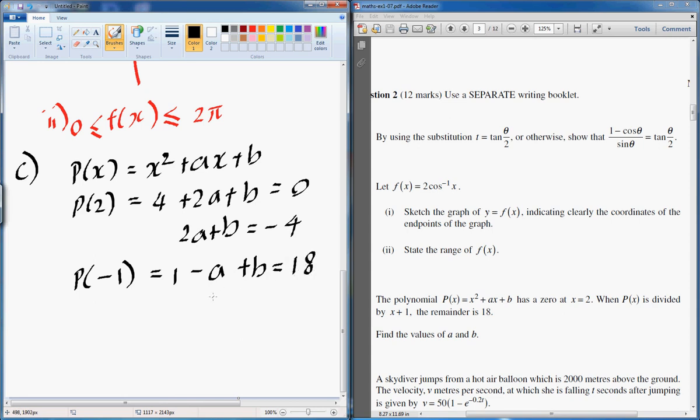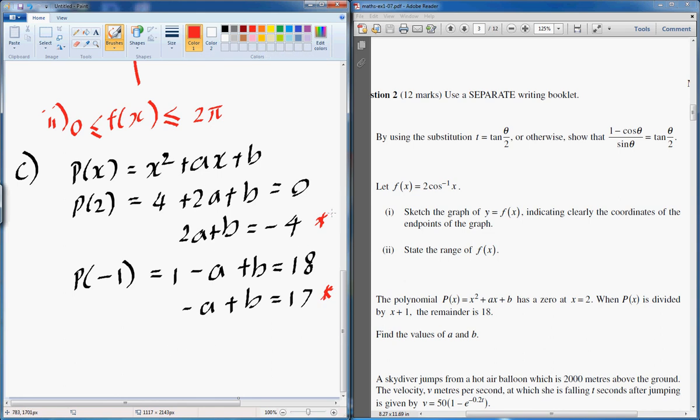Okay, so this is fairly standard stuff to do. You should know this by now. So moving things around, it should be minus a plus b is equal to 17. Now you have two equations. That equation there, that equation there. To solve it, I guess I could add them up.